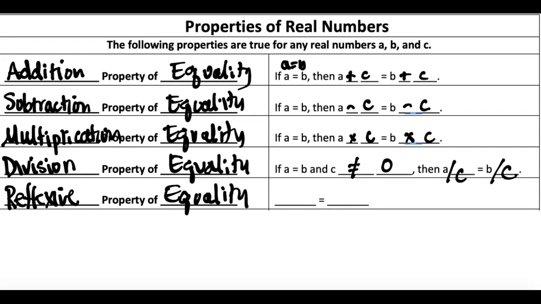It states that whatever you have on one side will be reflected over on the other side, a reflection over the equality symbol. So we could have something like C equals C. That's the reflexive property. We're seeing the reflection on the other side.